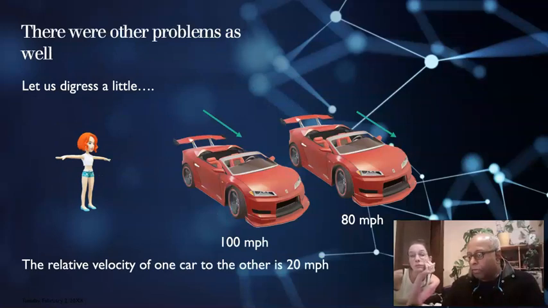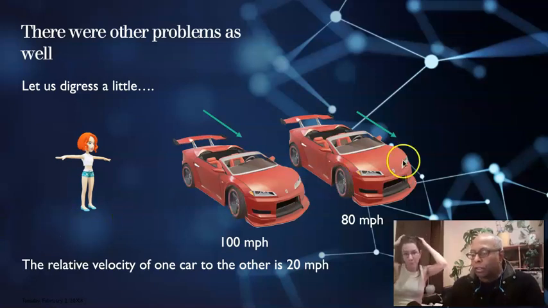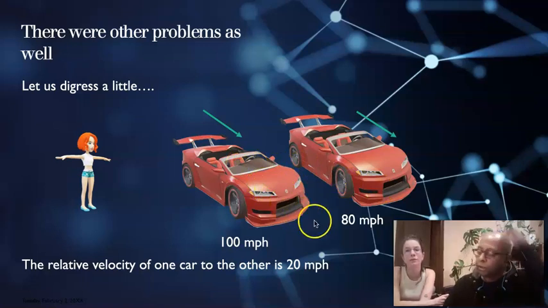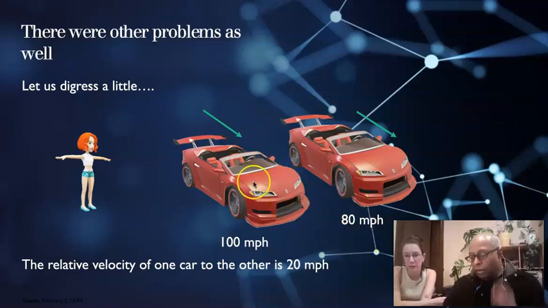So here we have two cars, right? One car is going at 100 miles per hour, and the other car is going at 80 miles per hour. Now, the driver in the 80 miles per hour car would see this car moving at 20 miles per hour.